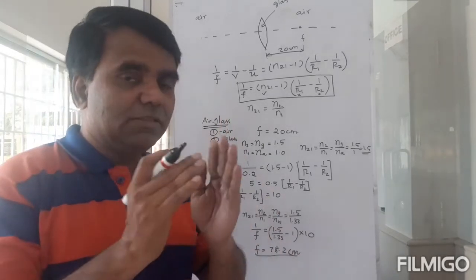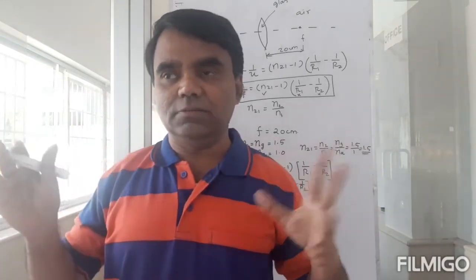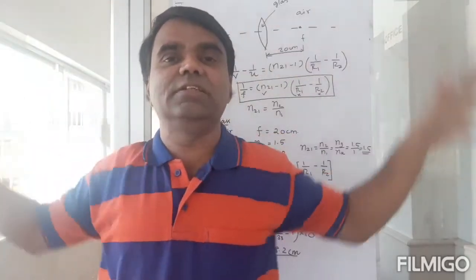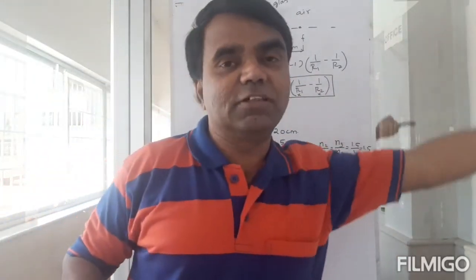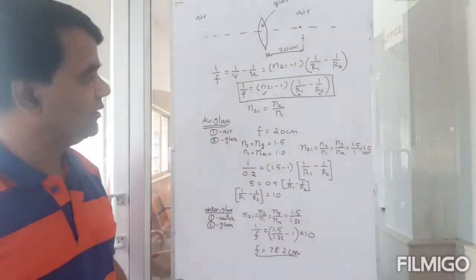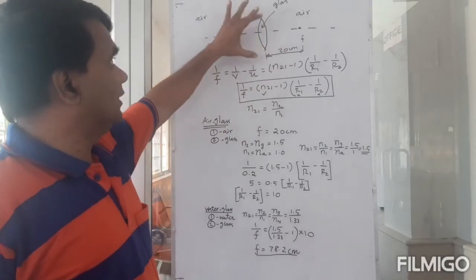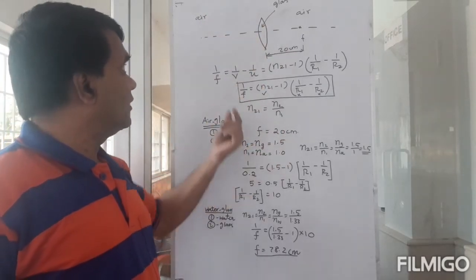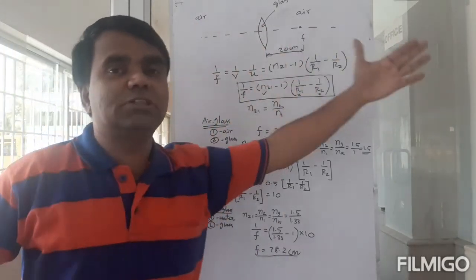So the same lens for the same object: if you keep the object at the same place but just change the surrounding medium, then the image will be formed at a different place. So the focal length for the air-glass setup is 20 centimeters, and for the water-glass setup it is 78.2 centimeters, much bigger.